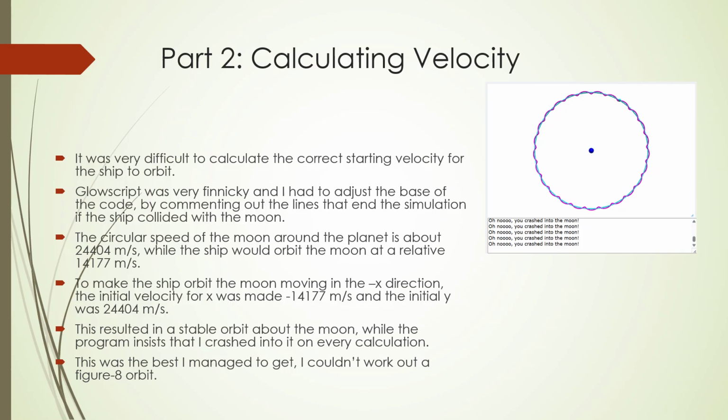So that was the initial velocity that I set it for, and this did actually result in, I believe, a stable orbit of the ship around the moon, even though it kept saying that I crashed into the moon. This was the best I managed to do. I couldn't get a figure-8 orbit, honestly.